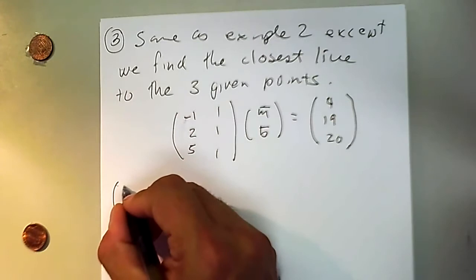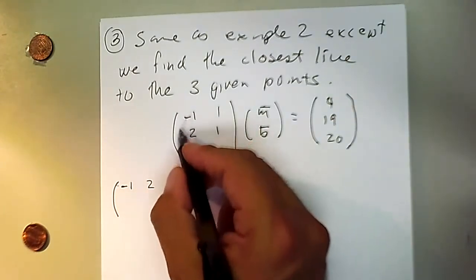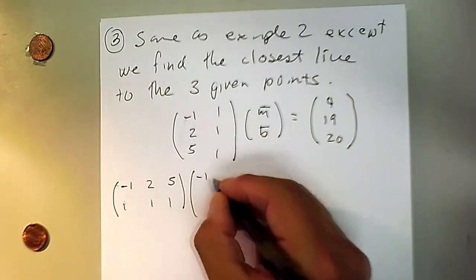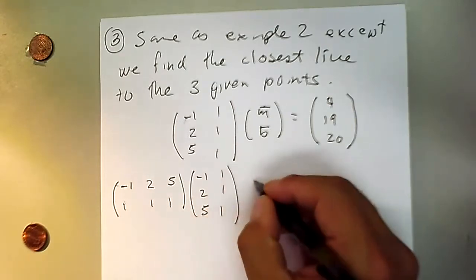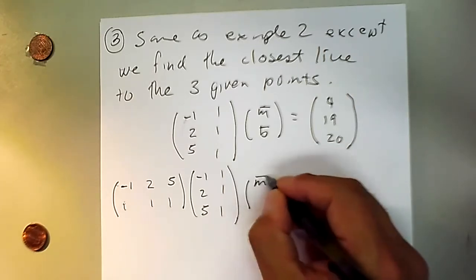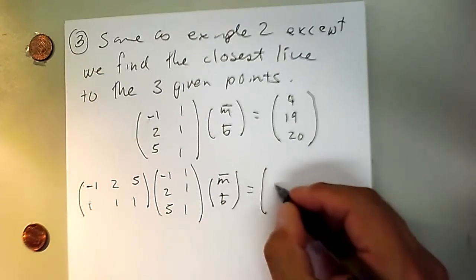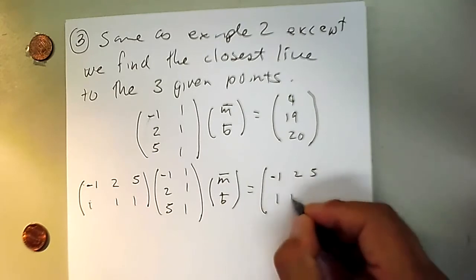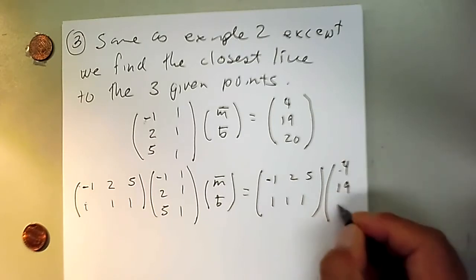So we are going to have -1, 2, 5 as a row because we're going to do the transpose, 1, 1, 1, -1, 1, 2, 1, 5, 1 times MB equals, and then I'm going to try to squeeze that product here, -1, 2, 5, 1, 1, 1 times 4, 19, 20.